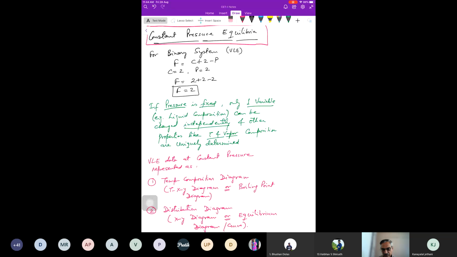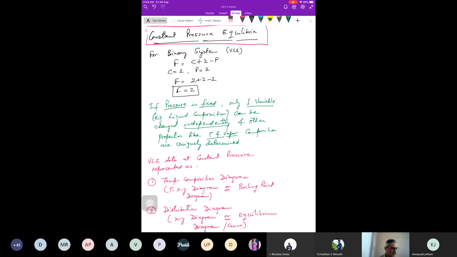So what we are seeing is F is equal to 2, and if you fix a parameter, the whole system is specified, is that understood? Any questions on this? Okay, no questions. Then let's proceed.